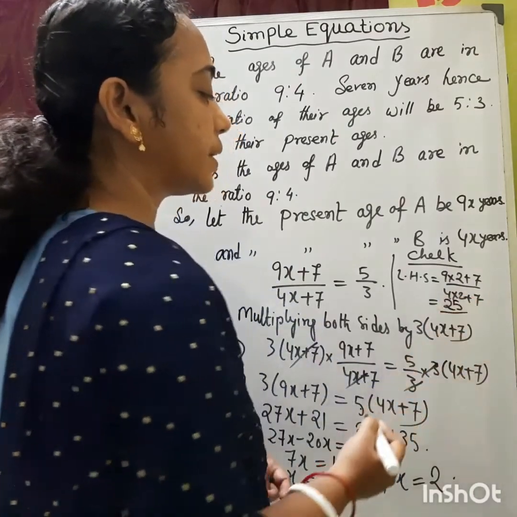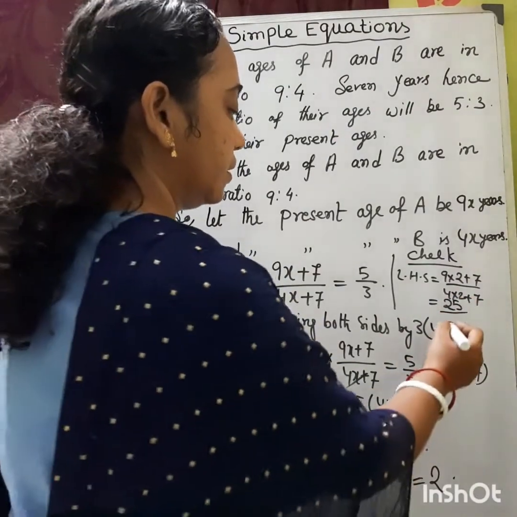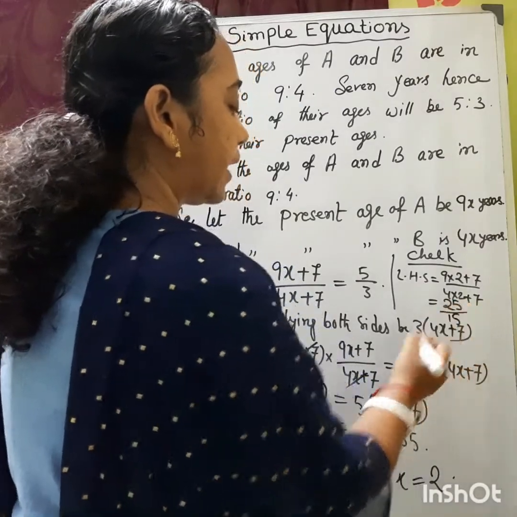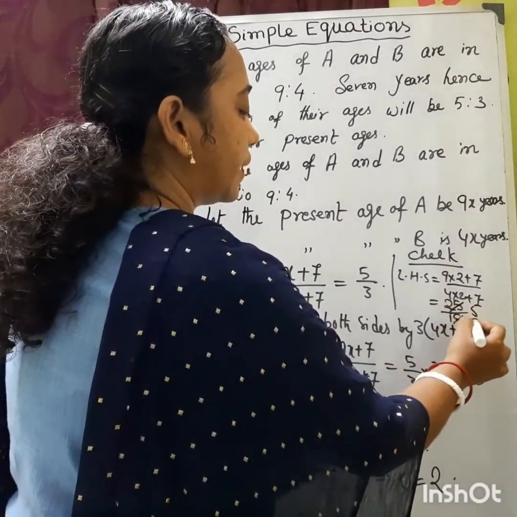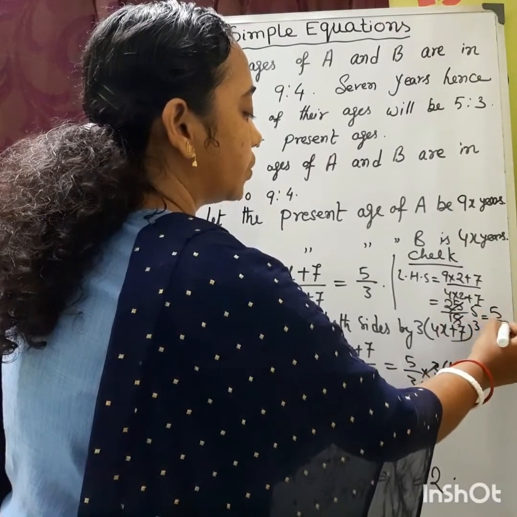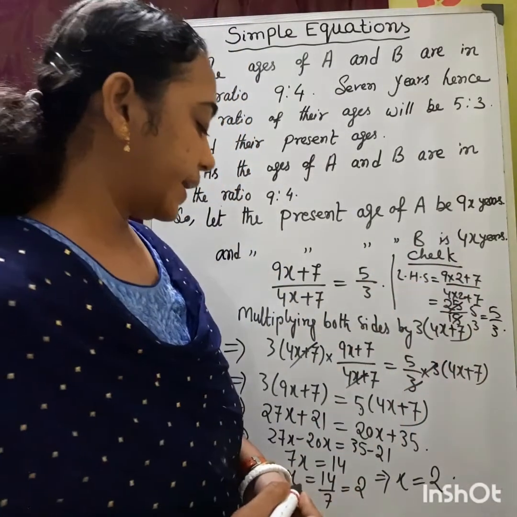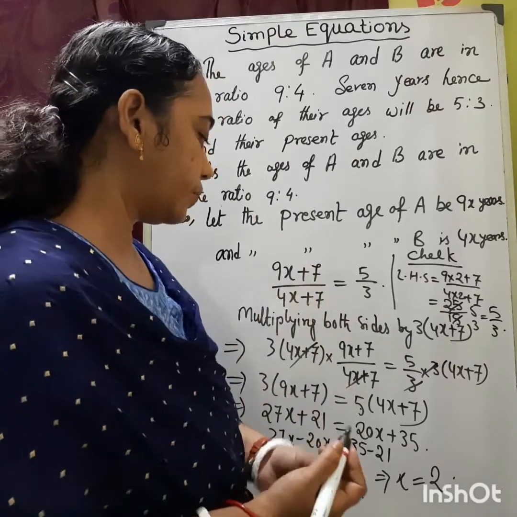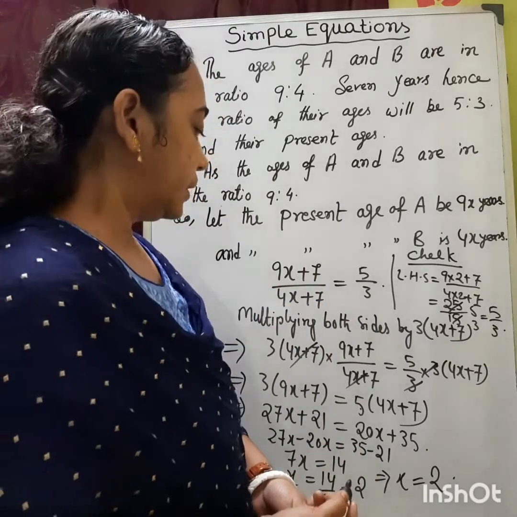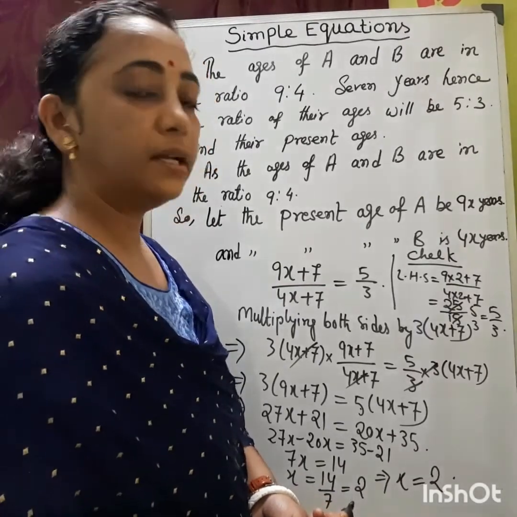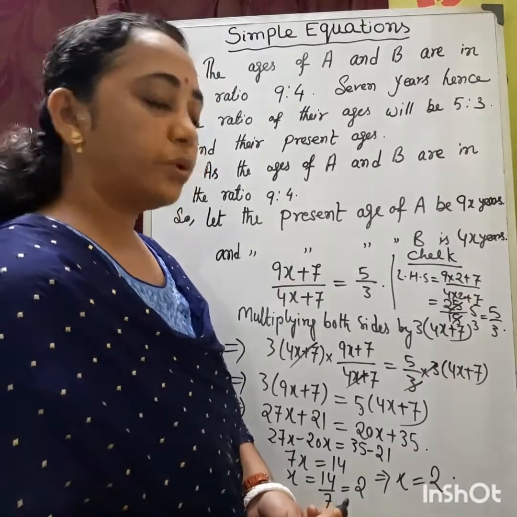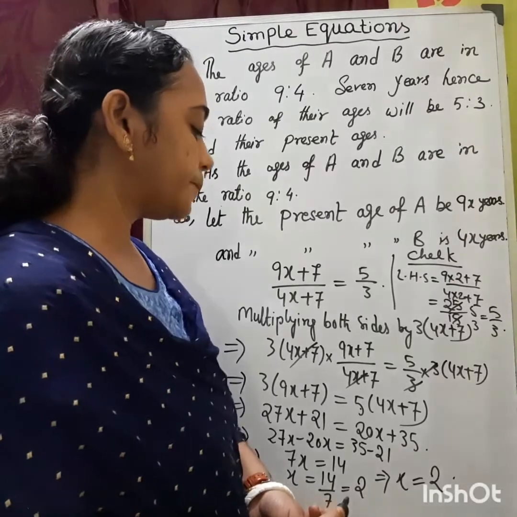And 8 plus 7 becomes 15. So both have a common factor, that is 5. 5 5s are 25, 5 3s are 15. So this is coming equal to 5 by 3. As we are getting the same result on the left hand side when we put x equal to 2 as the value given on the right hand side, that means x equal to 2 is the correct solution of this equation.